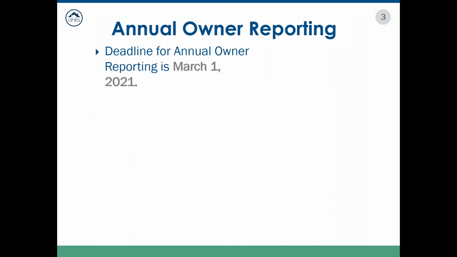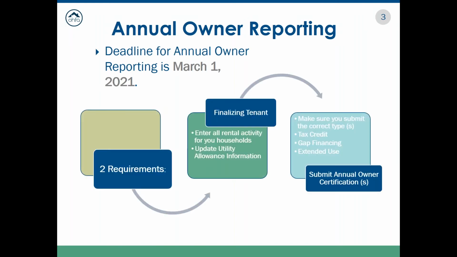So first, we will start by discussing the deadlines for the 2020 Annual Owner Report. The 2020 Annual Report is due by March 1st, 2020, and this does include your annual owner certification and your tenant data. Please plan to have everything submitted by the March 1st deadline.